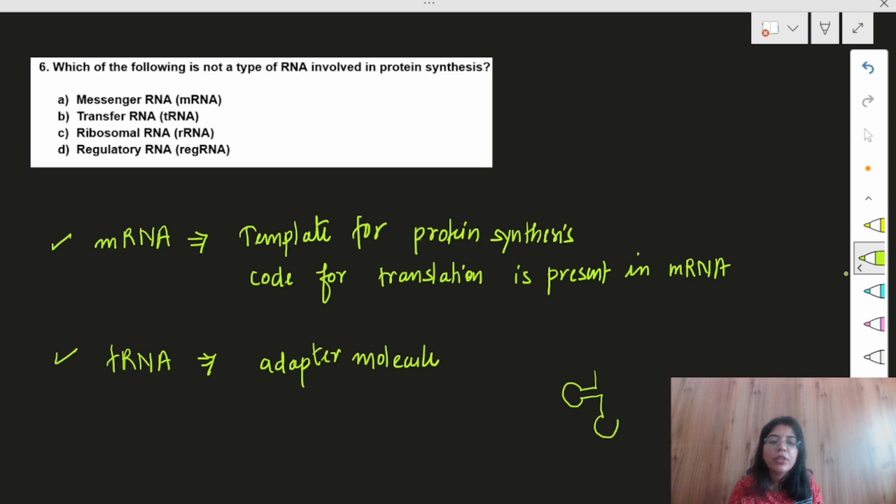If I draw it like this, at three particular positions you have a specific type of nucleotides which make the anticodon. And at this 3' OH you will have the amino acid acceptor arm. So your amino acid will be attached on this arm and your anticodon arm will be reading the code on your messenger RNA by complementary base pairing. So definitely you require tRNA.